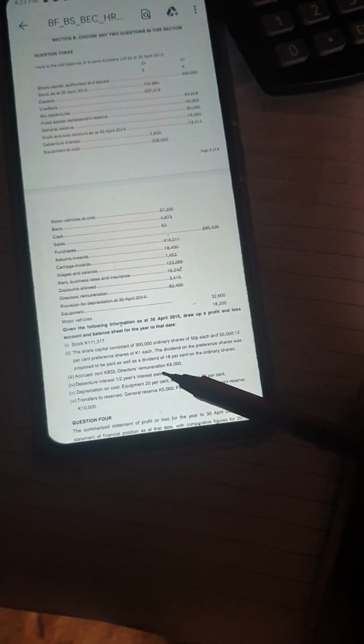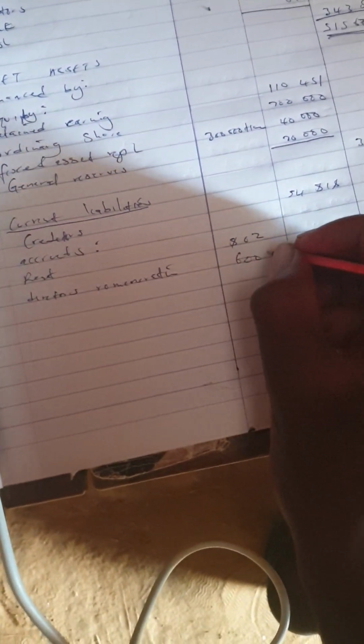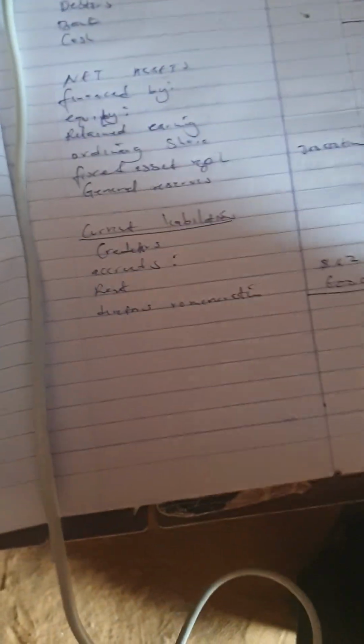We have two accruals: rent, which was 802, and the director's remuneration, which was 6,000. In total, this is going to be 6,802.